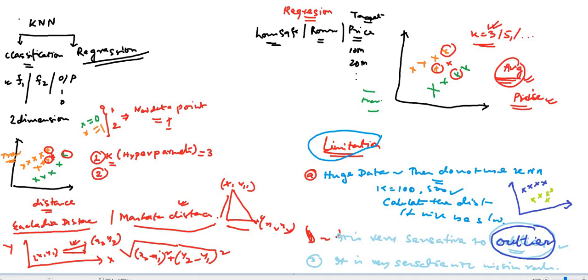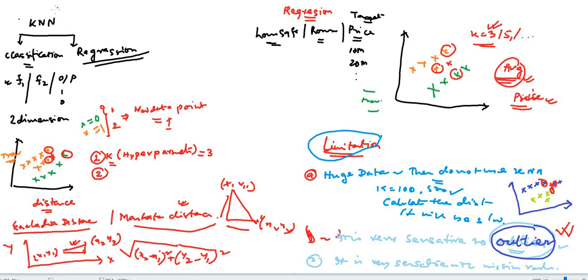But suppose we have some outliers which are falling somewhere here, and we have a new test data point which is falling here. Then it will consider this the nearest point, this the nearest point, and this the nearest point, but ultimately this is part of the green one. So it is very sensitive to outliers. Please remember this. If you have outliers, either remove them or do not go for KNN.